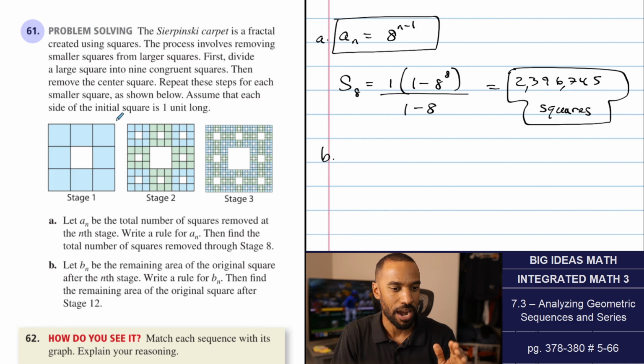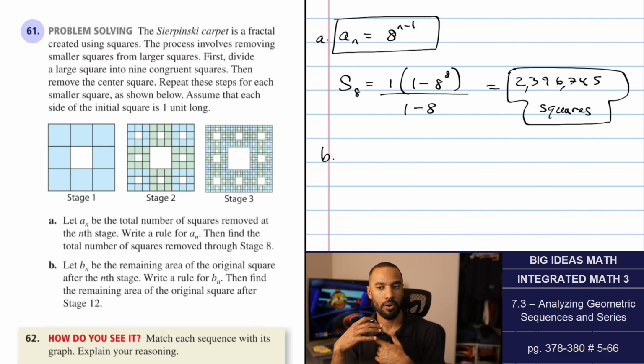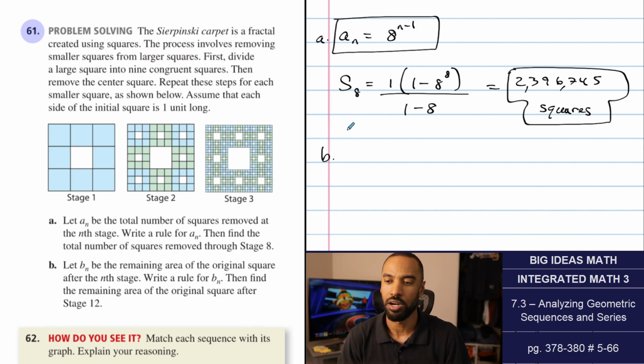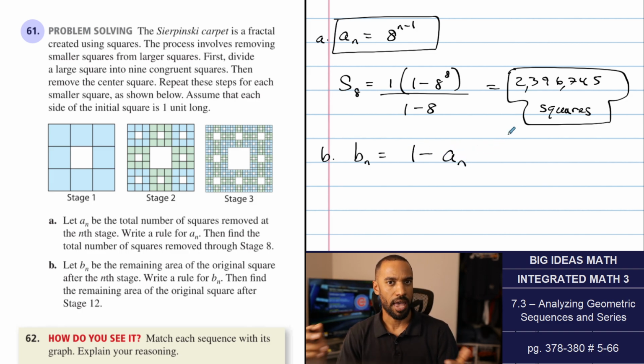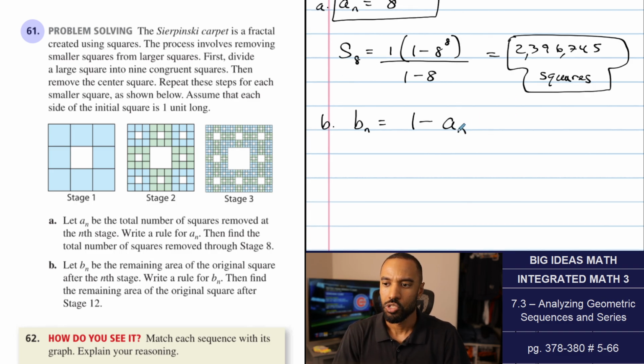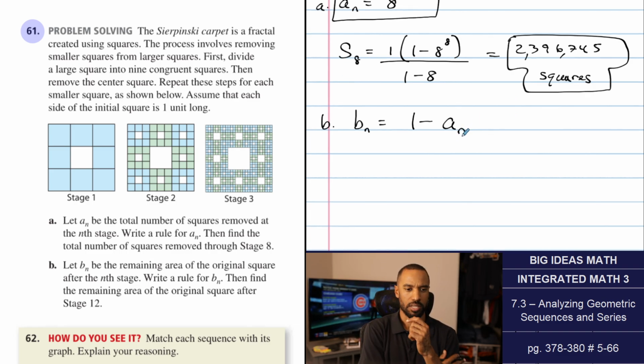That means its area is 1 by 1, which is 1. And we are subtracting areas out of whatever is there. So B sub n should be 1 minus, I believe, A sub n at any n value. So, wait, does that sound right?